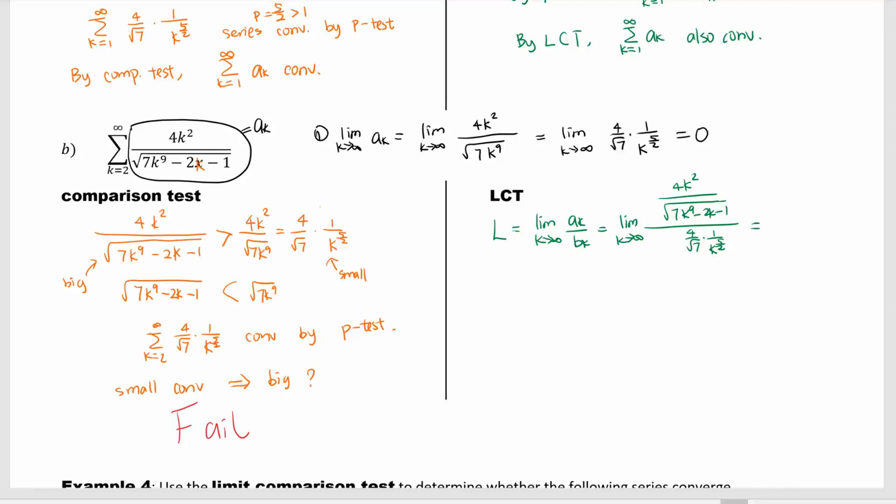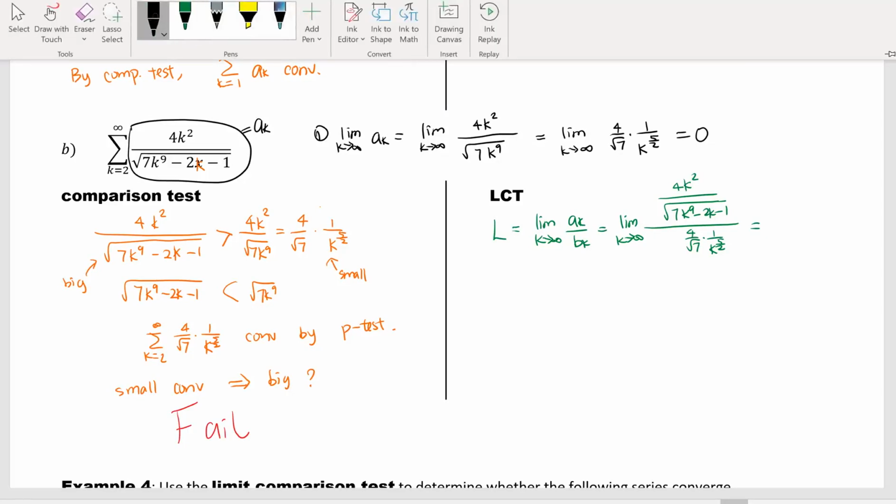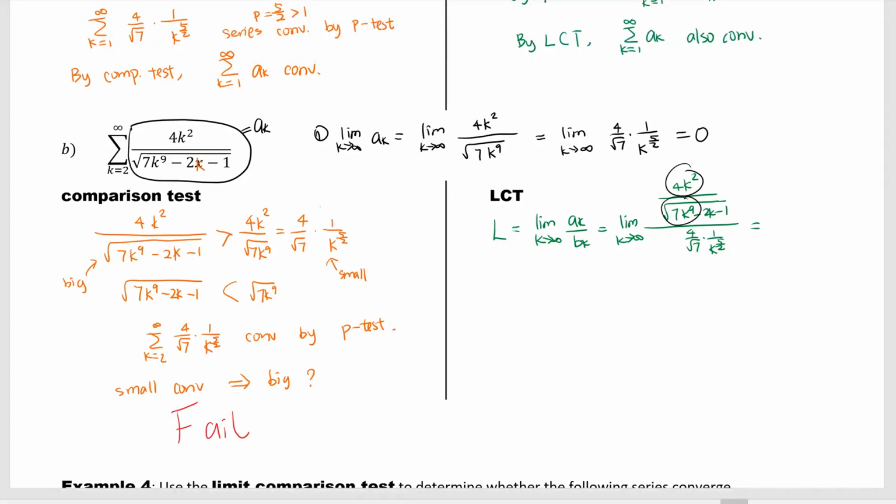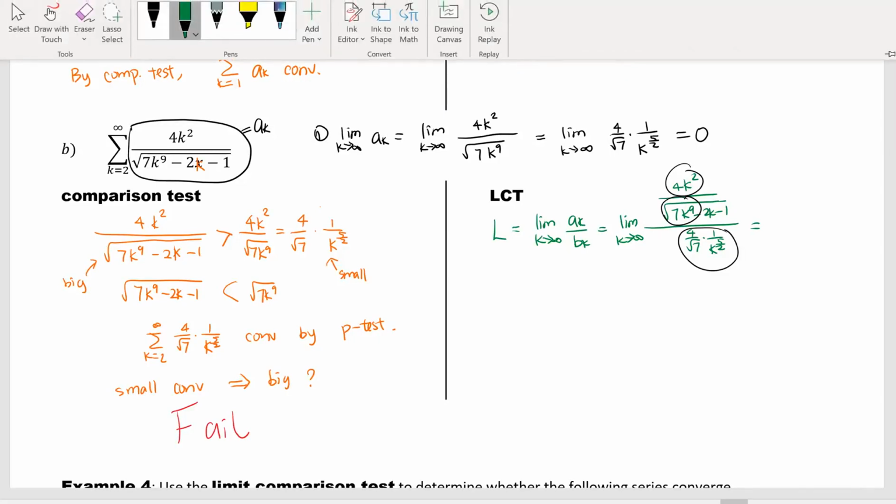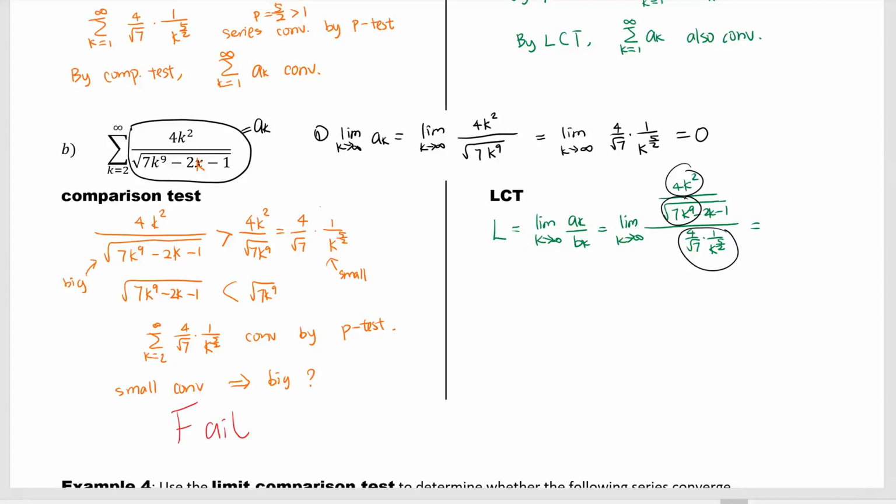When k goes to infinity, we just need to look at the dominant terms. We get b sub k by looking at the dominant term of the numerator and denominator of a sub k. So this answer is still 1.